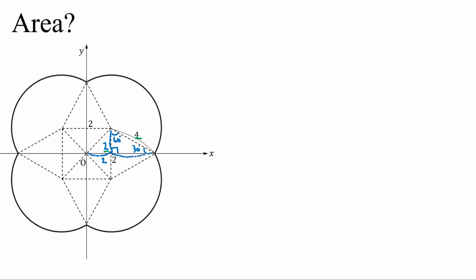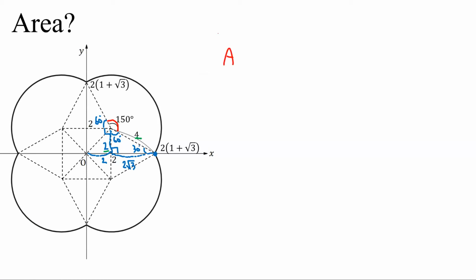And we can find out that this length here is 2 times square root of 3. So the x-coordinate of this intercept is 2 times (1 plus square root of 3). And we have a right angle here, and this angle is also 60 degrees. So for this remaining angle, we can find that it is 150 degrees.